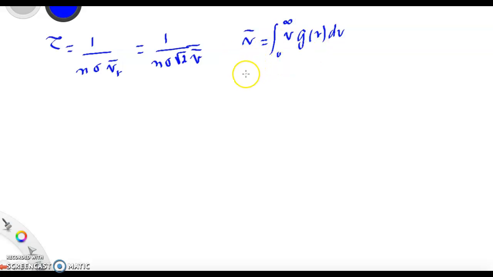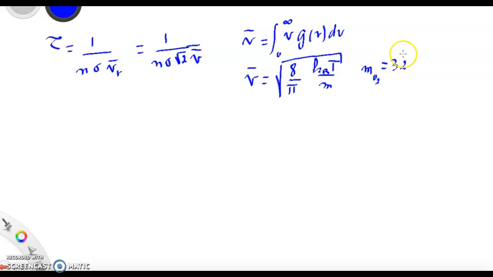You could find it in a textbook, or you could compute it. It's the square root of 8 over pi times k_B T over m, where m is the mass of one particle. In that situation, the mass of O2 is essentially equal to 32, and I need to express things in kilograms, so it's 32 times 1.66 times 10 to the minus 27 kilograms.